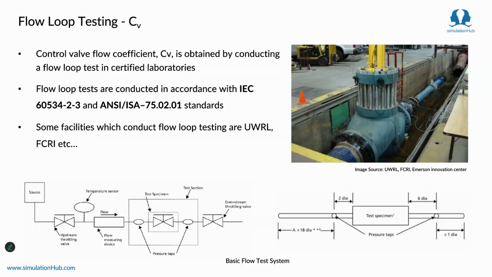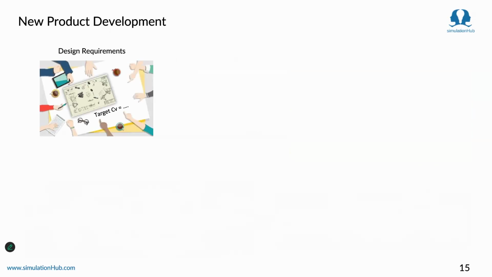So where flow loop tests come into the picture is in new product development. Whenever the end user demands a certain CV for a certain industry or application, you will go to a design engineer, give him the parameters, and say, this is my target CV, can we design this?